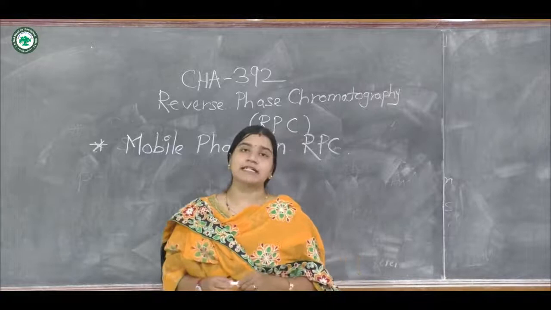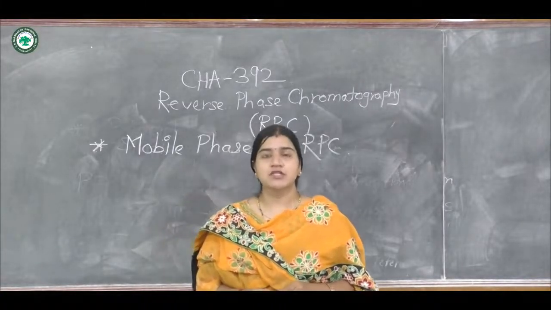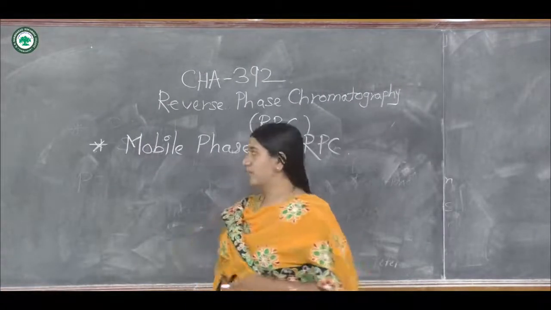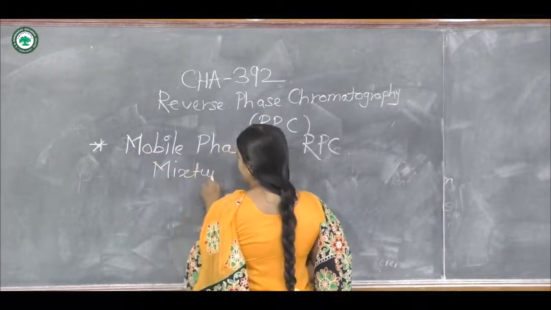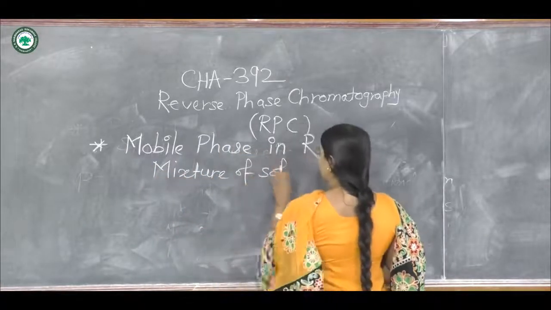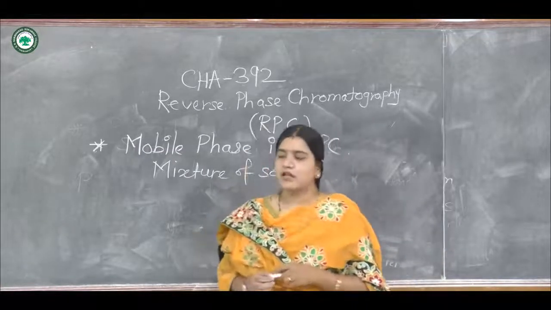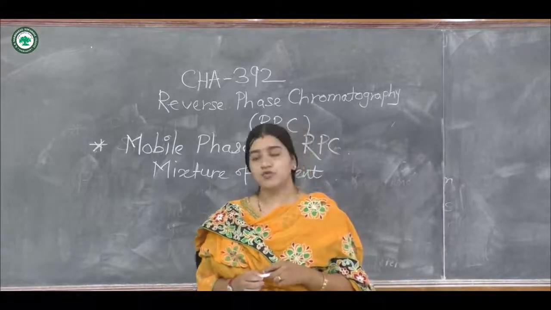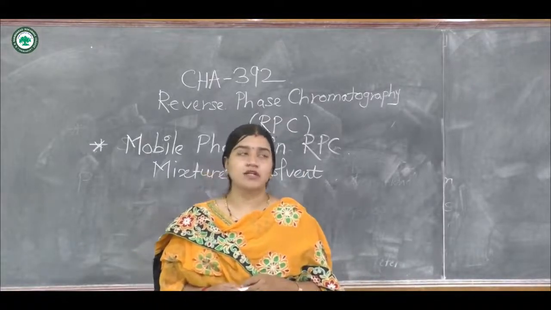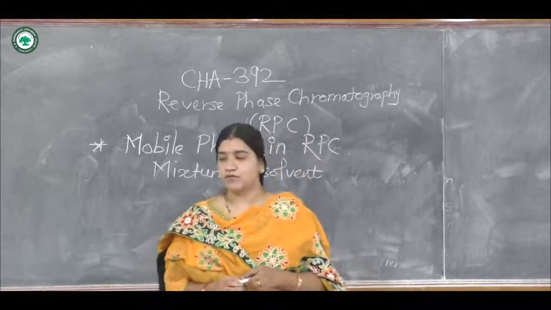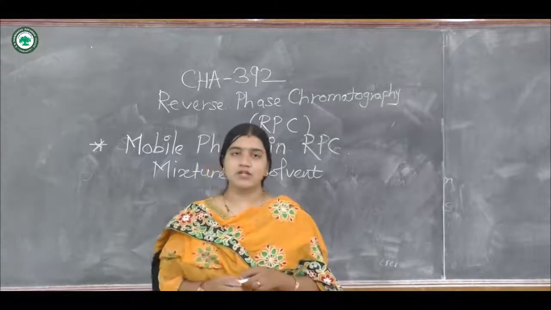Most of the time you are dealing with a mixture of solvents, where two or more solvents are used as a mobile phase. For this, we are purposefully using water miscible solvents. There are two kinds of solvent, water immiscible and water miscible. So what are the examples of these water miscible solvents?